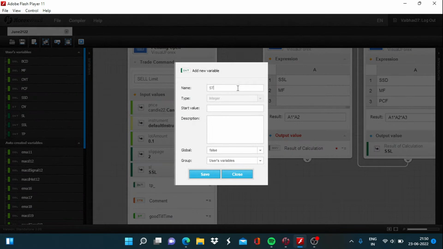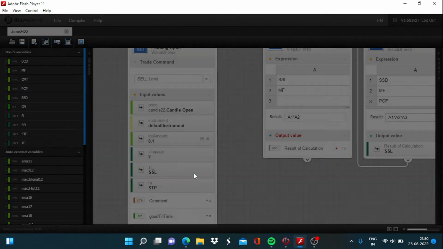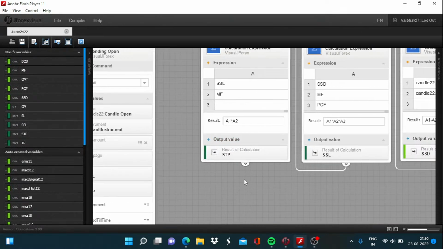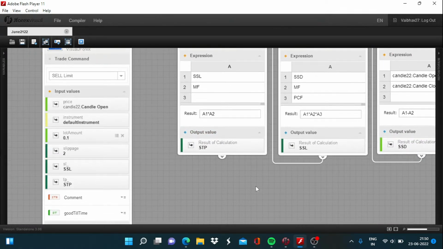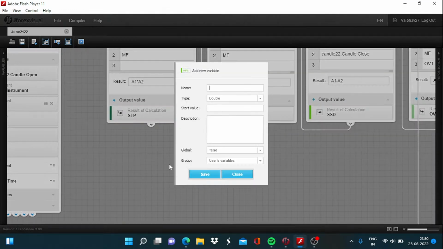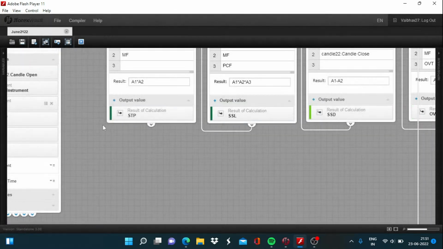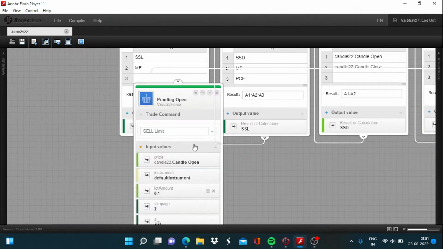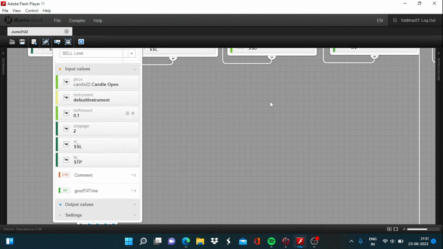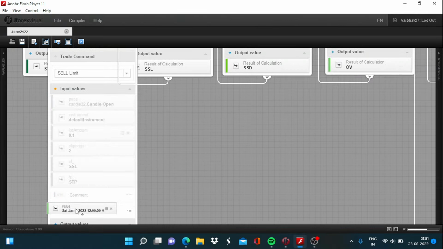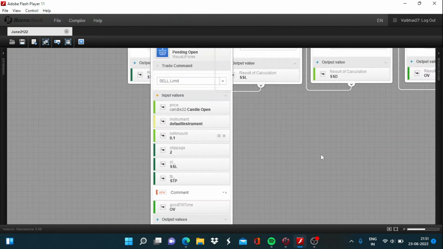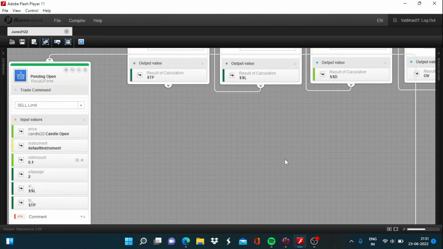This will be named STP, and order validity we had defined last time around, which is 2 hours. So we use that variable as it is. Okay, so with this we have defined all the input parameters for this trade command block.